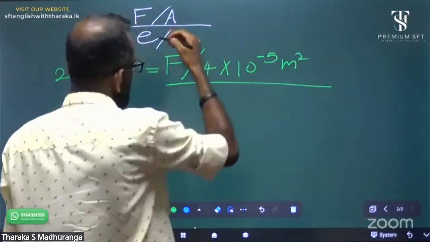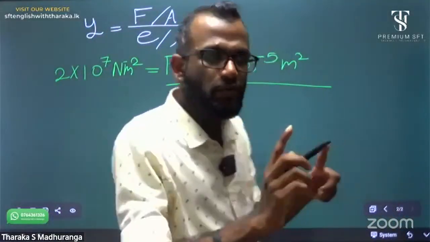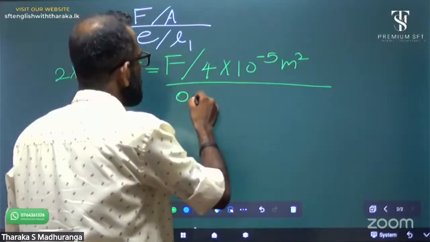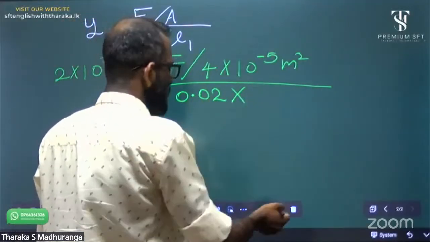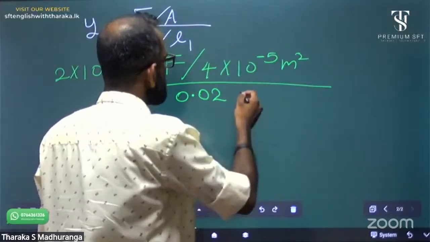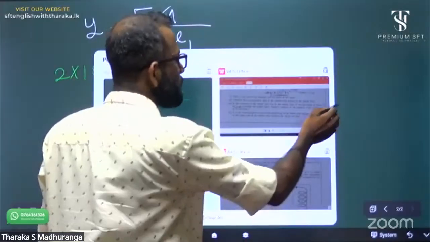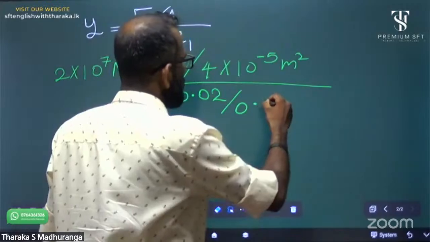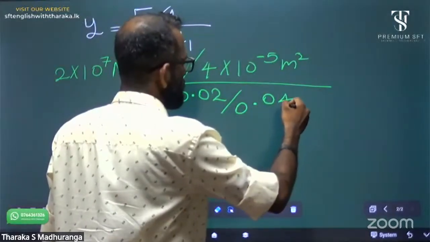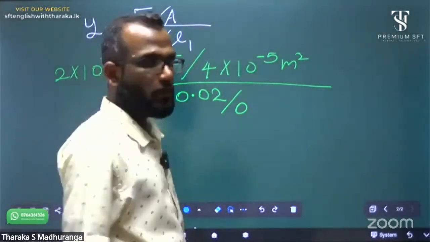Divide by extension, 2 centimeters. You have to convert into meter, it is 0.02. Divided by L1, 40 centimeter, which means 0.4 meter.